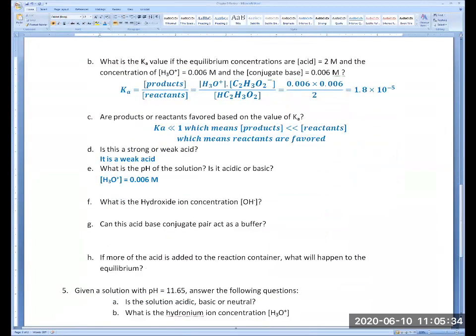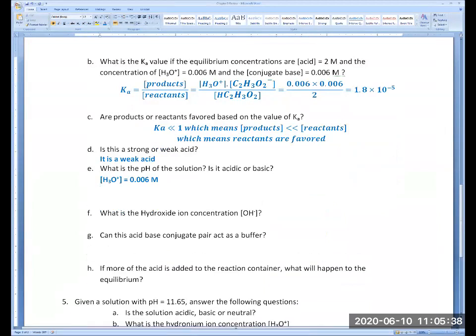We want the pH. So when you have the concentration, we saw that we need to use the formula that says pH equals negative log of H3O plus. That's the formula you want to use. You will plug in the value of the concentration in the negative log function.